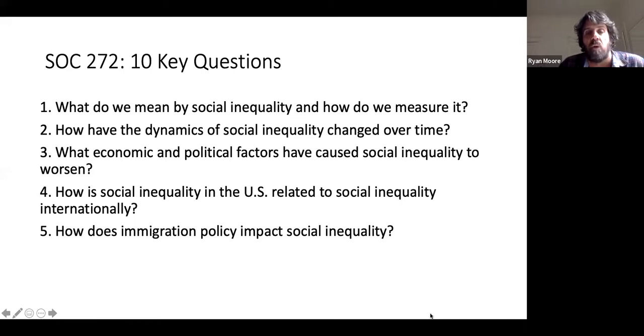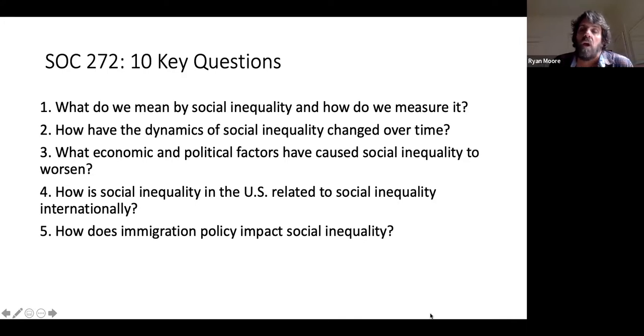The third and fourth questions are: what economic and political factors have caused social inequality to worsen, and how is social inequality in the US related to social inequality internationally? These are related questions insofar as they get us into matters of globalization. Now, this class is intended to focus more on the United States, so we will be looking mostly at American society. But in order to understand American society, you do have to put it in this larger international global context.